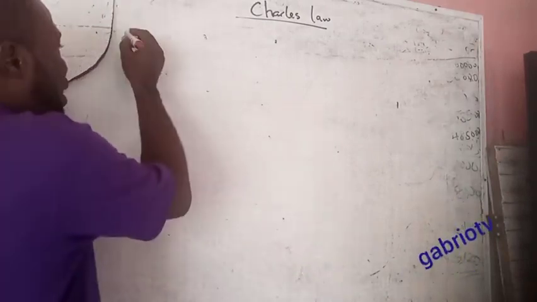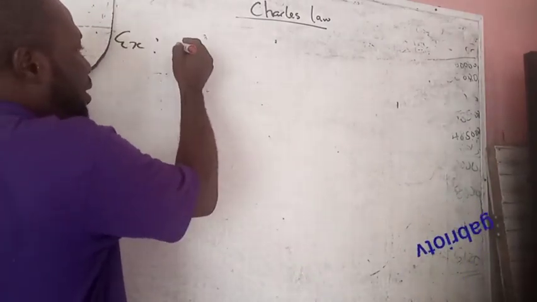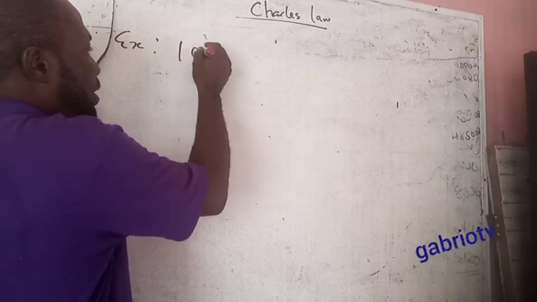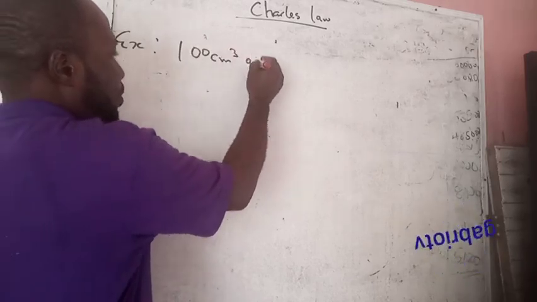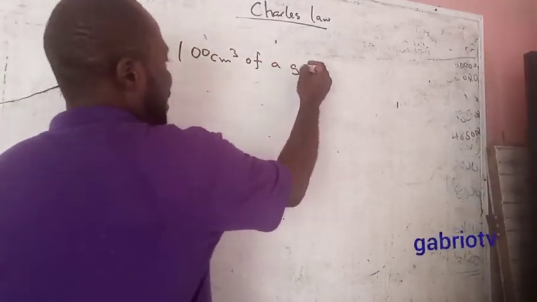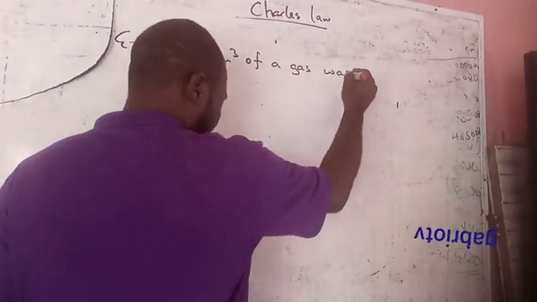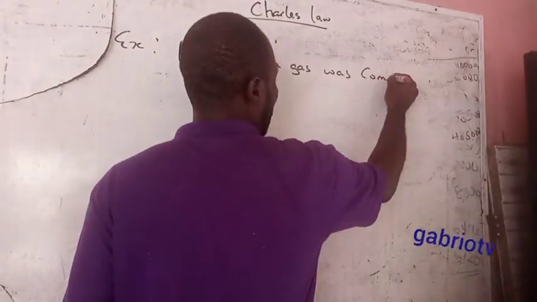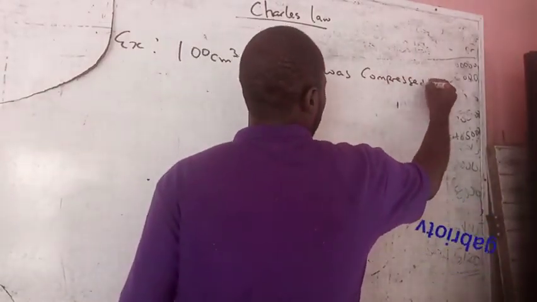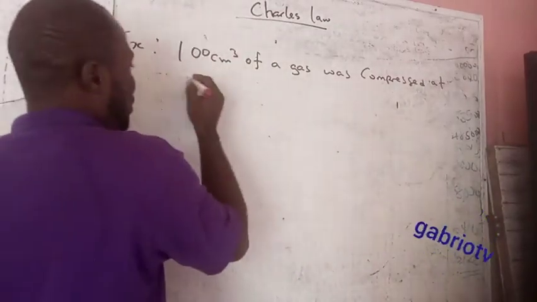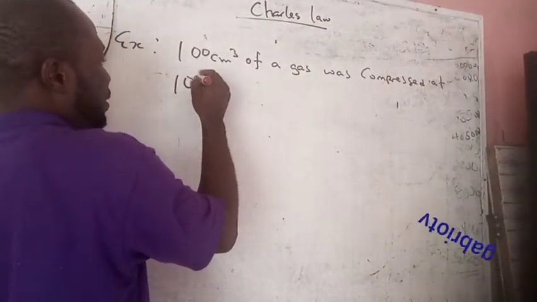Like for example, now let's look at the first example. Let's say we have 100 cm cube of a gas was compressed at 10 degrees Celsius.